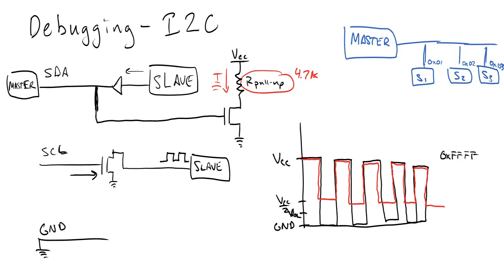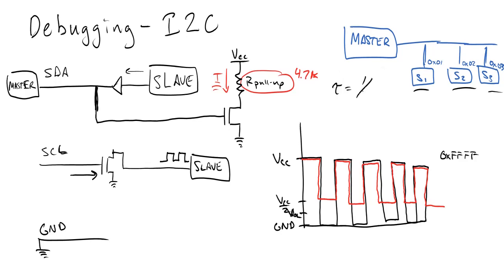And why is that? Well, we've put this 4.7K resistor here. We have some capacitance on this line from all these devices. So what's actually happening is you have this RC time constant, a tau.